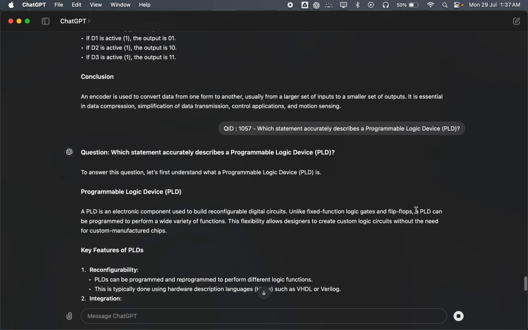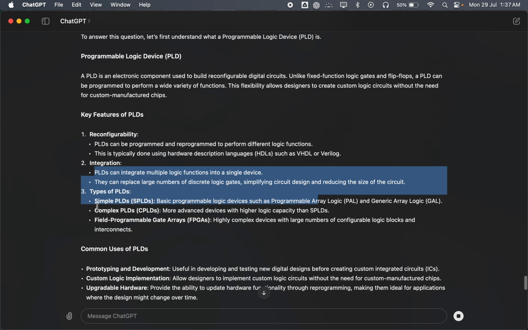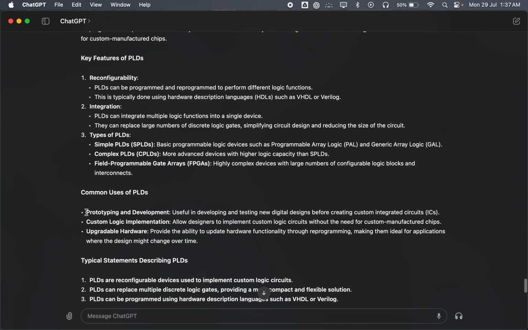So it's written here, a PLD can be programmed to perform a wide variety of functions. Use case development.